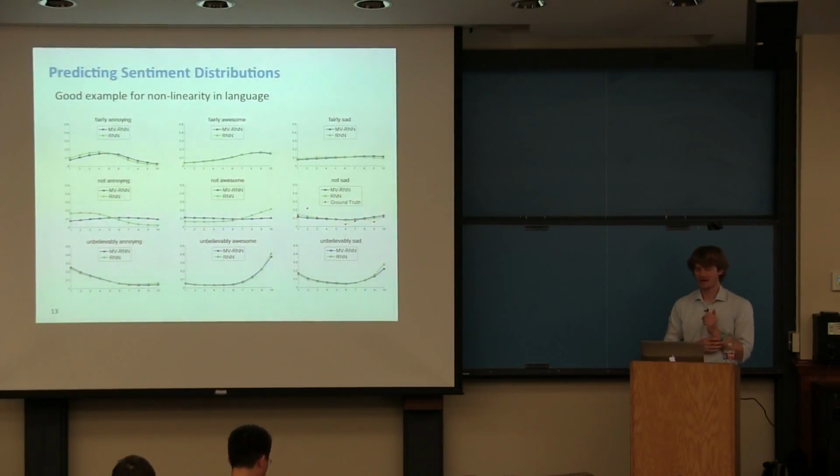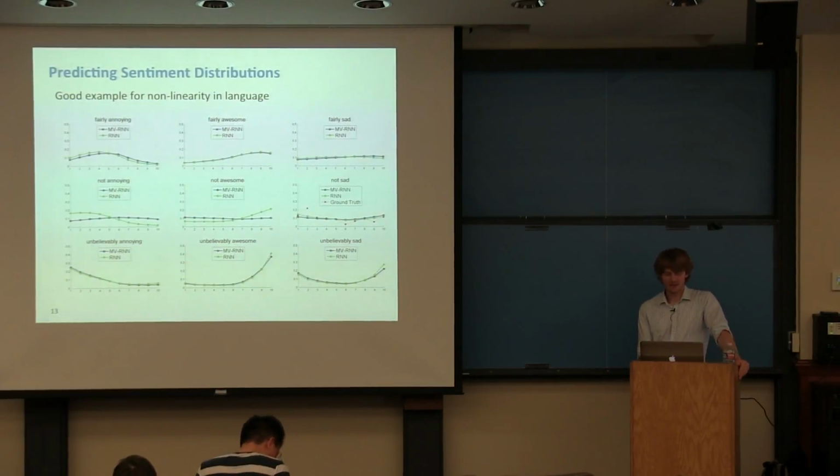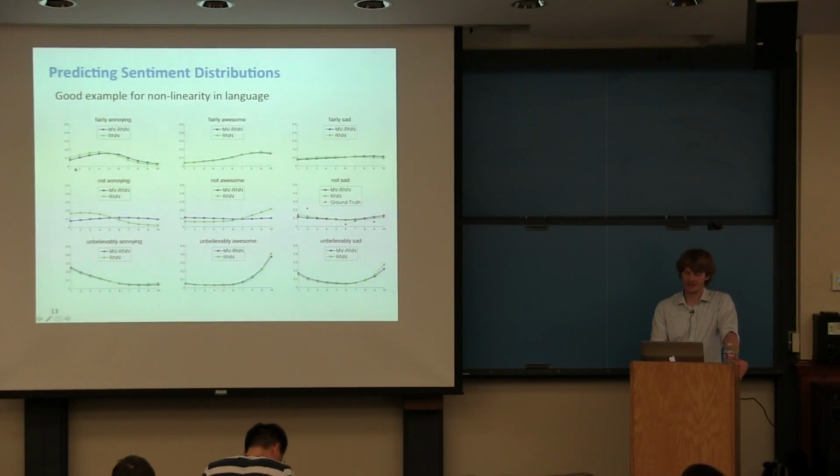So how well does this kind of model do? Here we looked at an interesting sentiment distribution task where, for certain words, we can look at the statistics of how often a certain bigram or pair of words appears in movie reviews of a certain star rating. So you can go through all of IMDb and look at how often does fairly annoying appear in 1-star movie reviews, 2-star movie reviews, and so on.